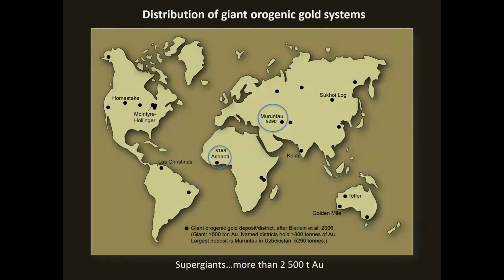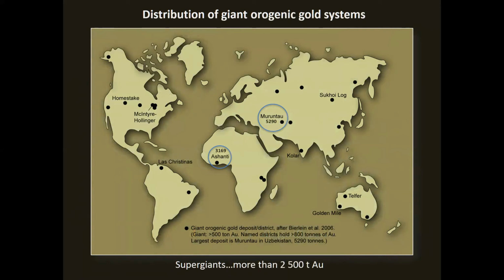So this is a slide to show the distribution of the really, really large orogenic gold systems in the world. These are the so-called giant districts, which have more than 500 tons of gold in one single deposit or in a district of different deposits.